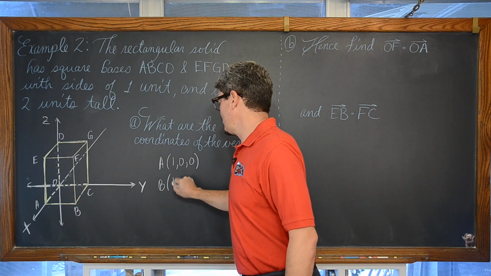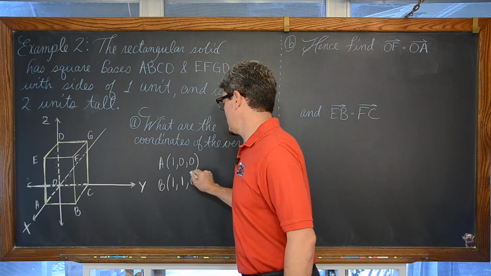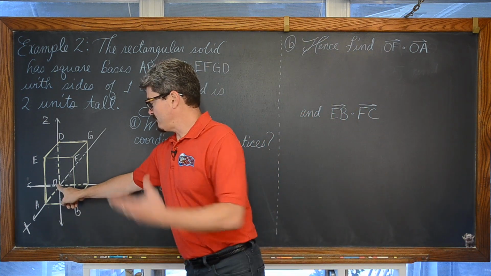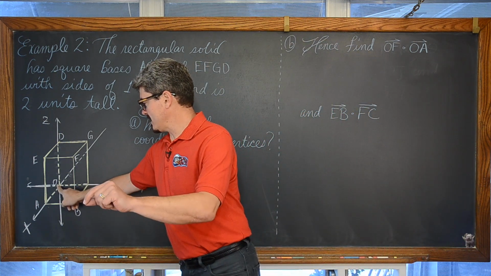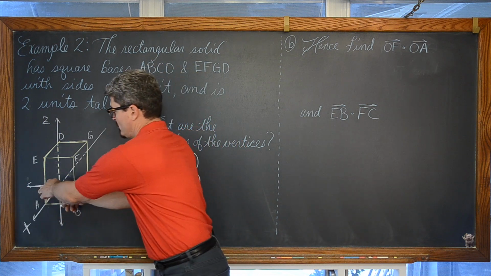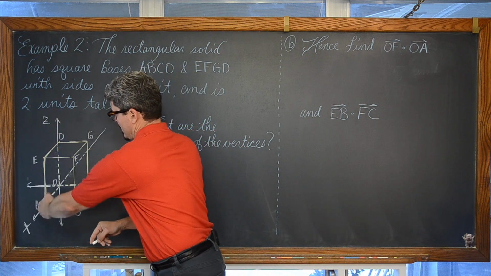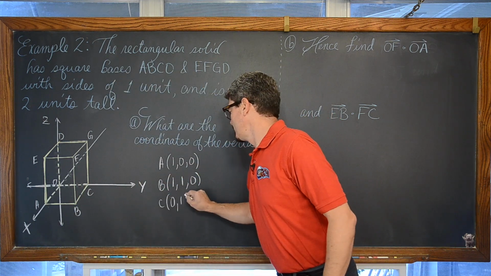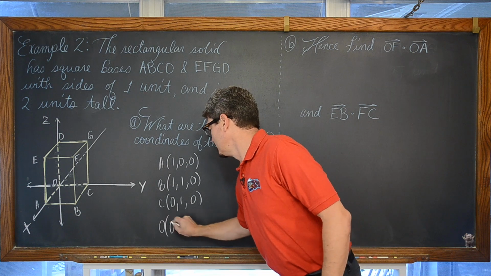So positive movement along the x-axis, y-axis, and do not move up. With C, don't move along the x, don't go up or down, just go 1 unit to the right on the y-axis, and then finally the origin.